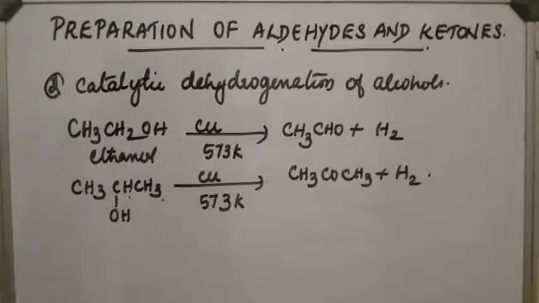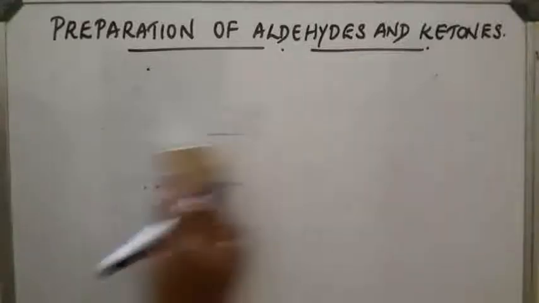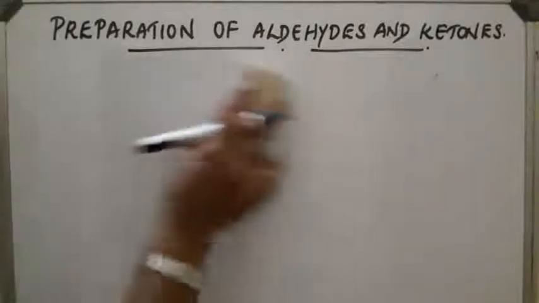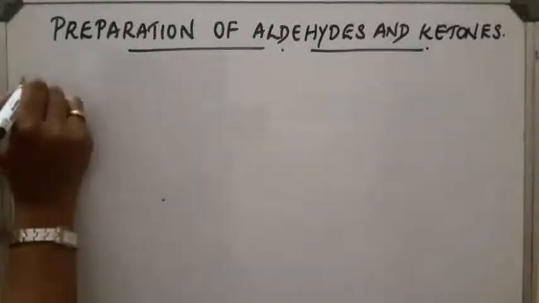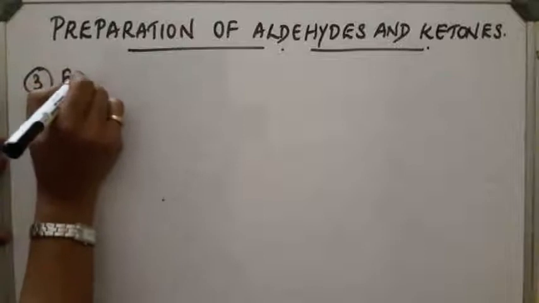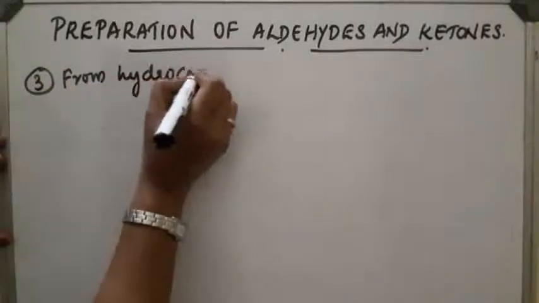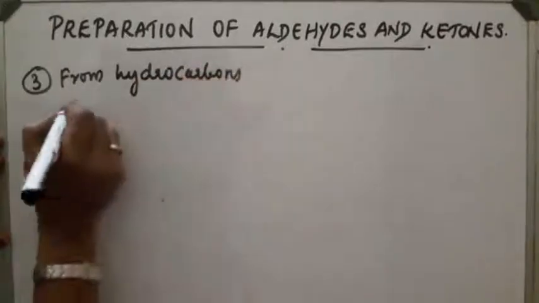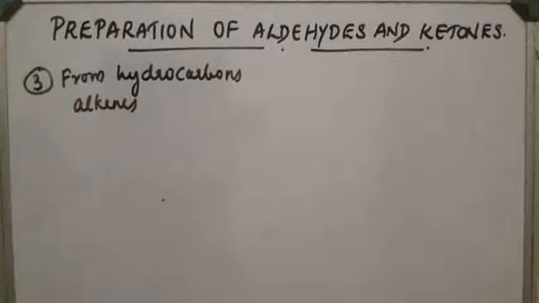Now, the third process, from hydrocarbons like alkenes and alkynes. First, from alkenes. How can we obtain them?